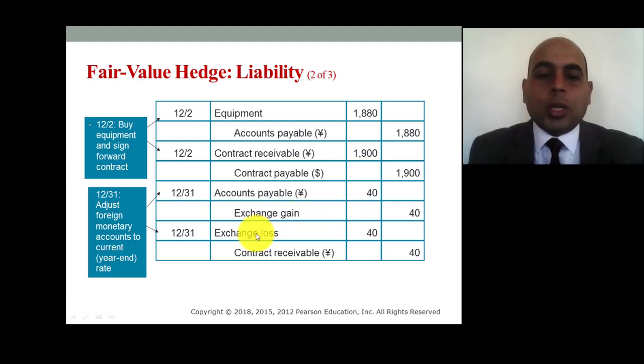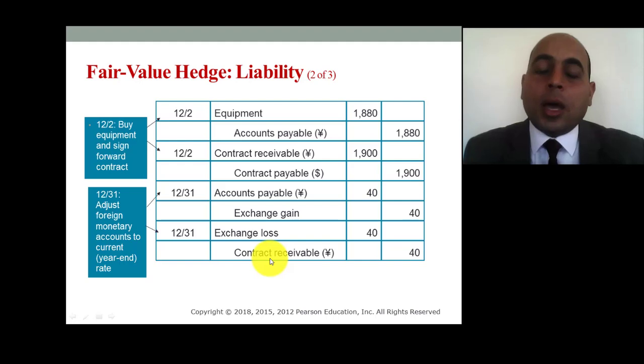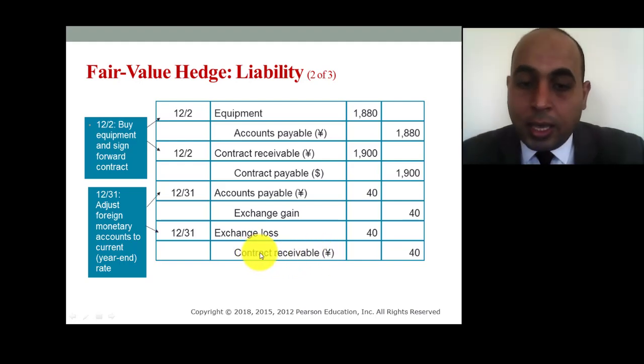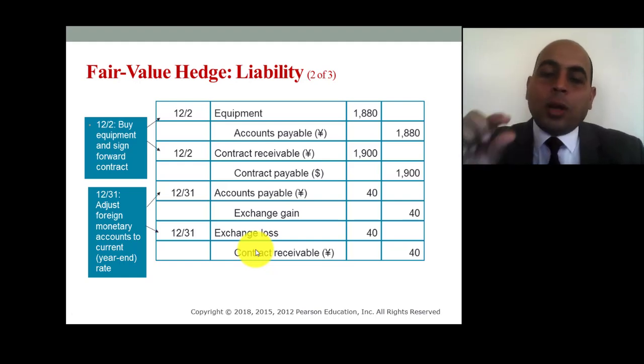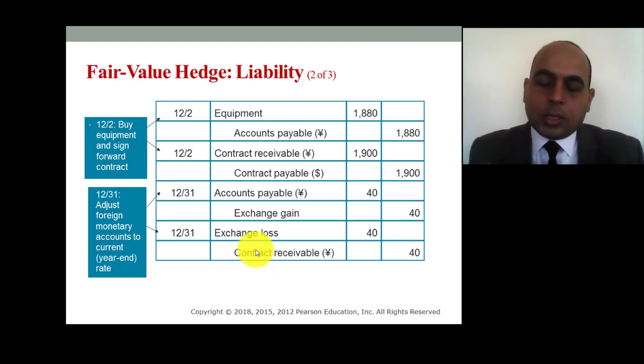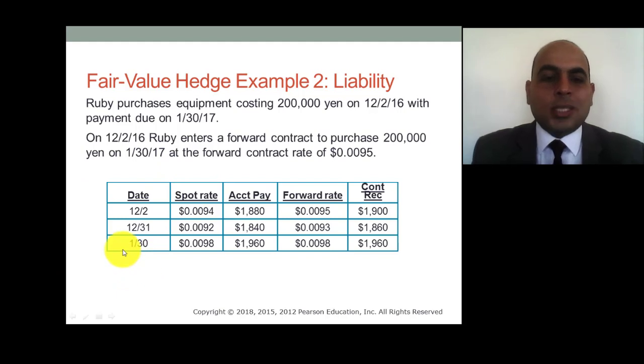So how will we record it? Exchange loss. We have to adjust foreign monetary accounts to current. Exchange loss 40, and the contract receivable. To simplify it, the value of the contract receivable declined from 1,900 to 1,860.